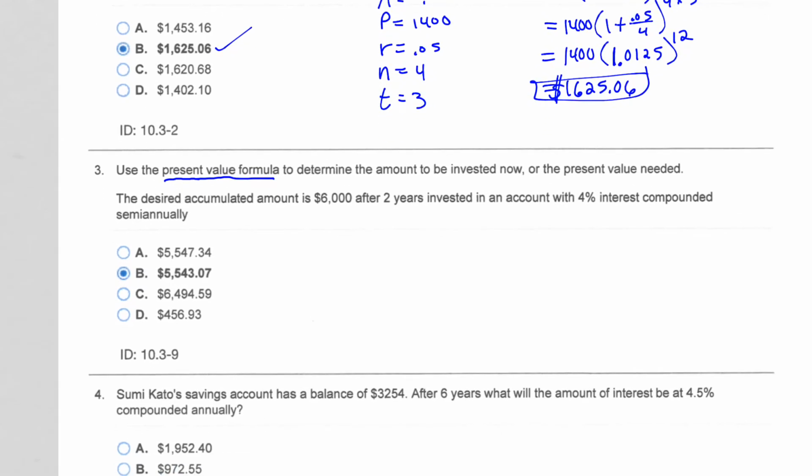But I'm going to go ahead and use the present value formula since we're going to provide it on the test. So the desired accumulated accounts, okay, this is A. All right. This is T. This is R. And semi-annual, that is N equals 2.